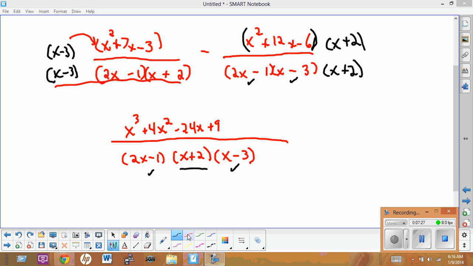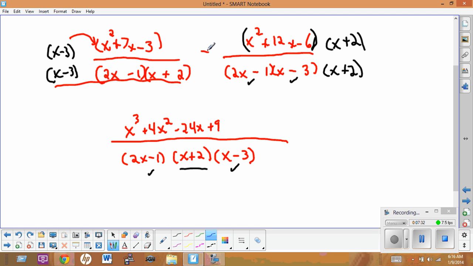Okay, hopefully you have yours multiplied together, so I'm going to go ahead and do mine. Remember this is a subtraction, so I'm going to put parentheses around this first numerator, put in my subtraction sign, and write my second numerator.